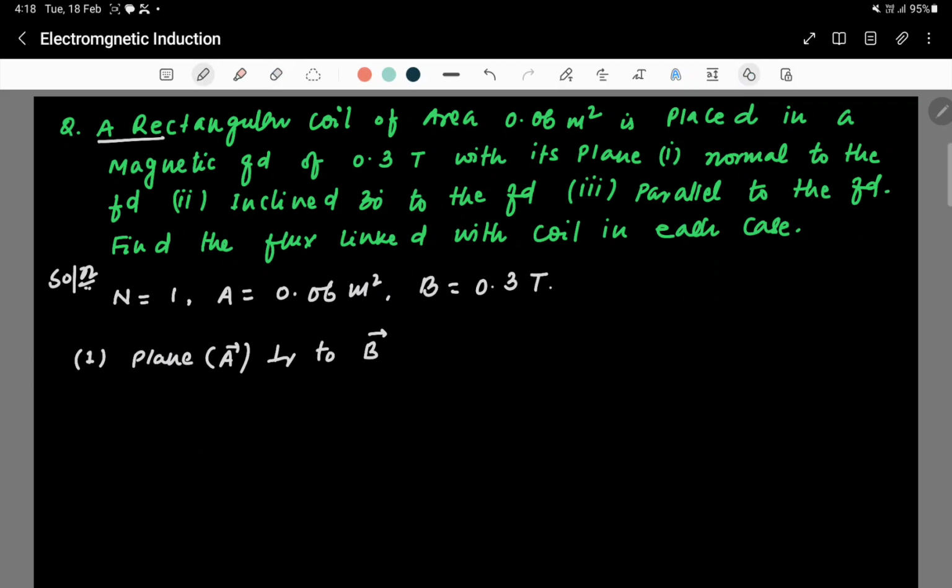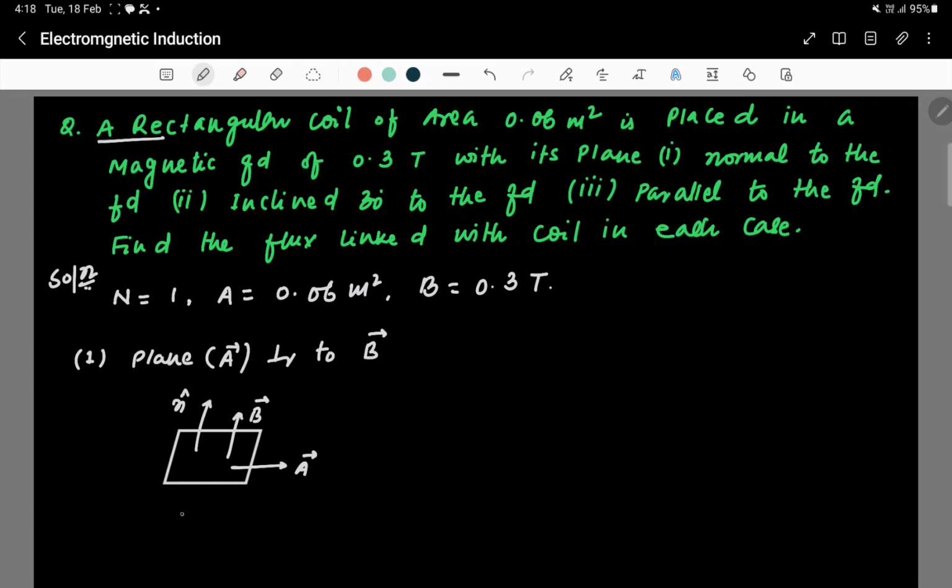You can draw it like this. Suppose this is the surface area, and perpendicular to it is the magnetic field. If this is the magnetic field, it means the unit vector is like this.